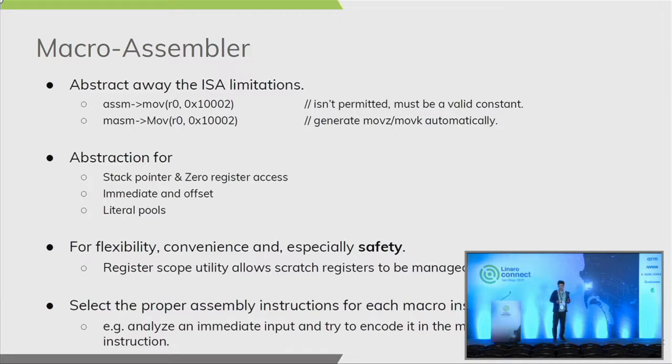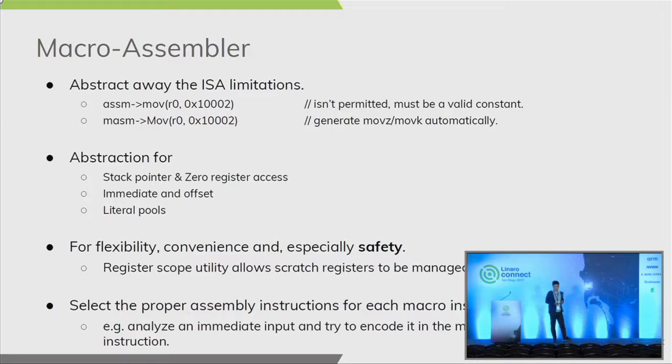We know ARM64 instructions are 32-bit fixed size, so there is an encoding limitation. The limitation is not only in the encoding width, but also in the encoding format constraints. And the microassembler abstracts away the limitation.